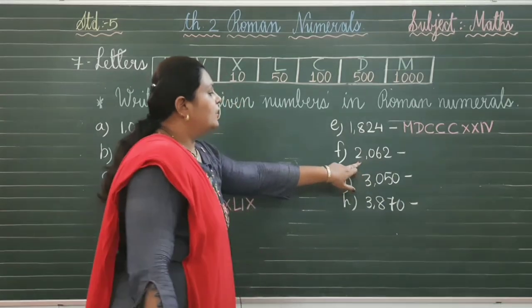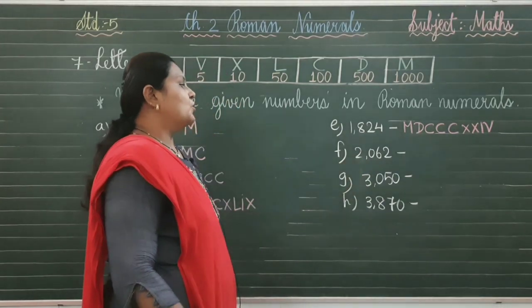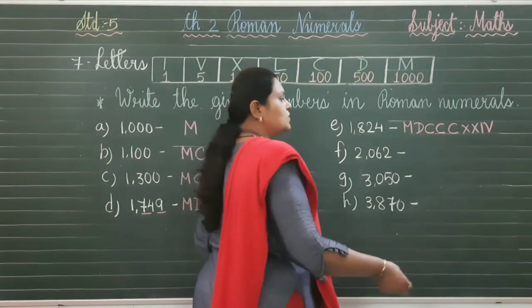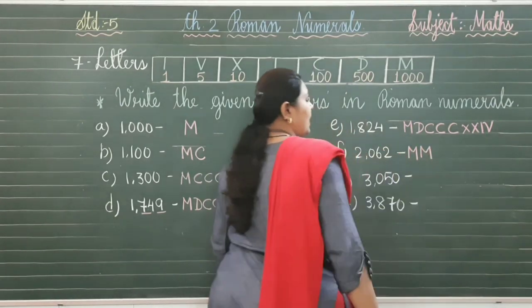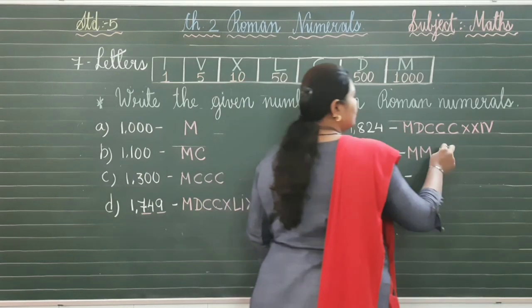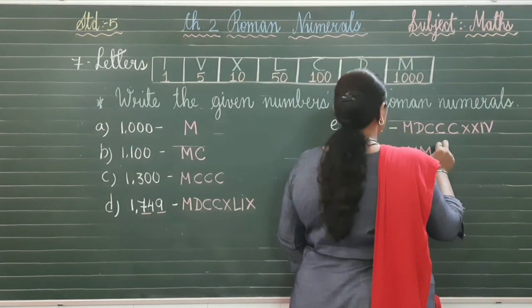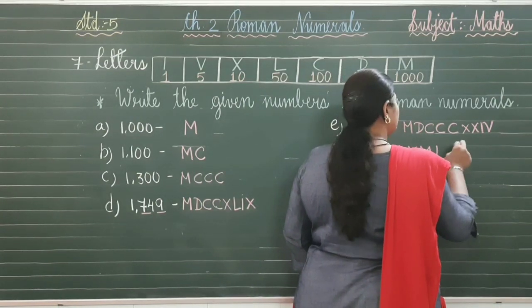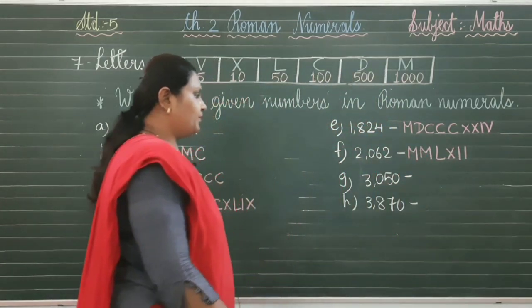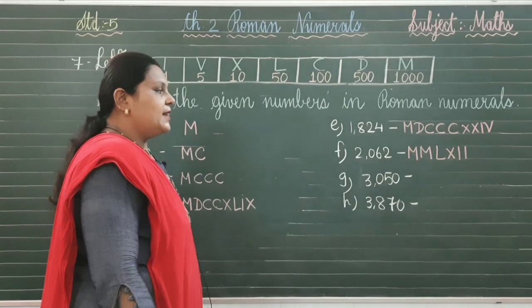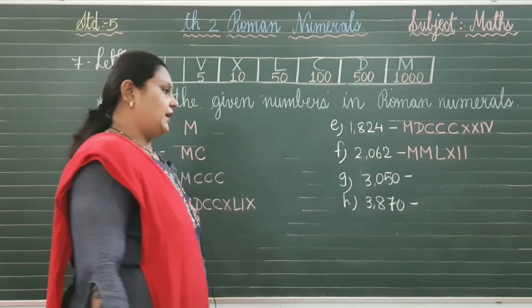Next number 2062. 2000 means 1000 plus 1000. Now 62. So 60 means L, 50, 60 and 2. 62. So double M, L, X, double I.